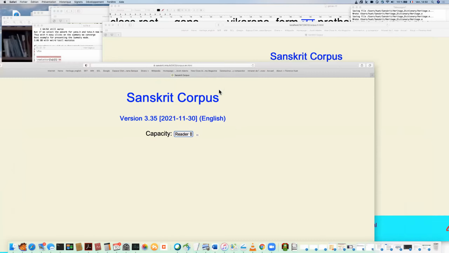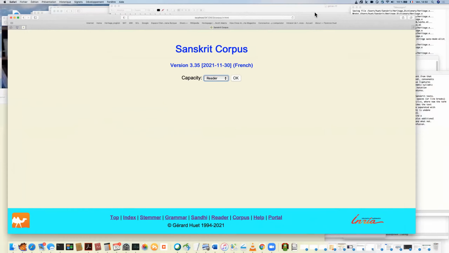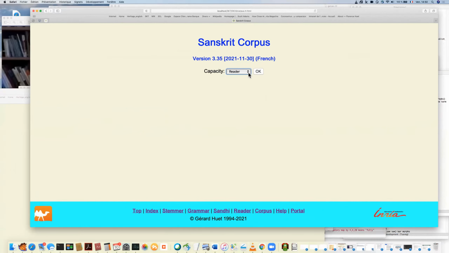But here, I'm on my local machine. And on the local machine, I can annotate and I can manage a corpus. So you have more possibilities if you install the software on your own server, because now you can create the corpus and you can modify the corpus. On the public machine, the corpus is preset.